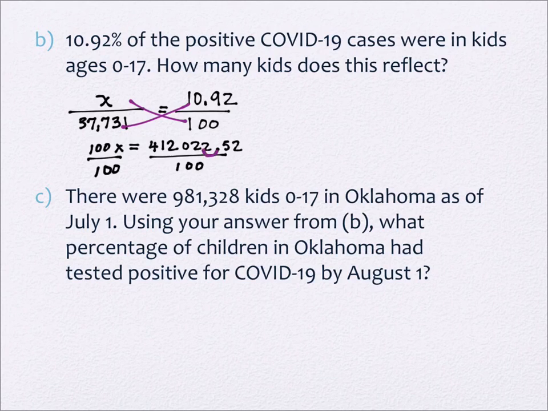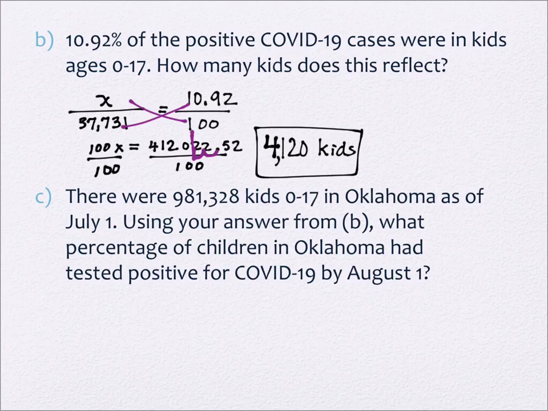So it moves the decimal 1, 2 places. So with a little bit of rounding, because otherwise we can't have part of a kid, it's generally frowned upon, 4,120 kids ages 0 to 17. About 4,000 kids had it.